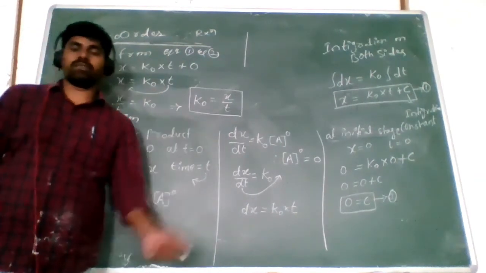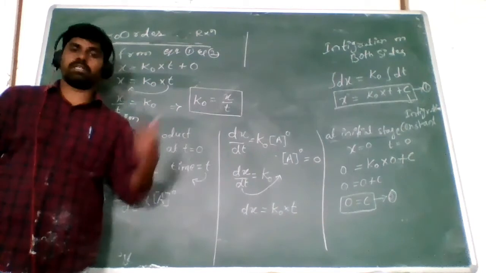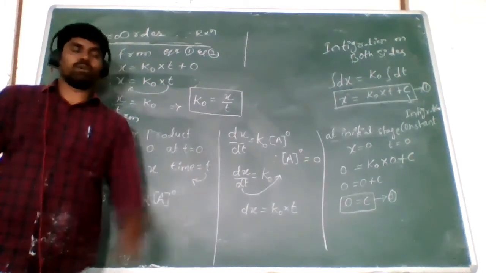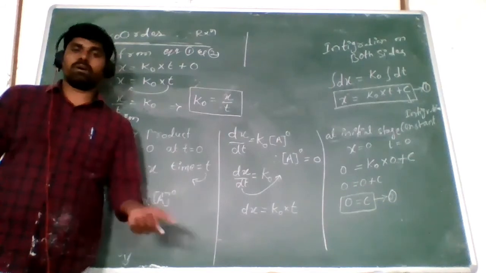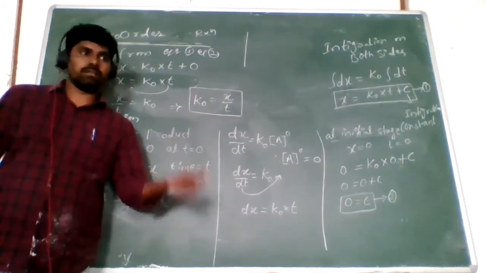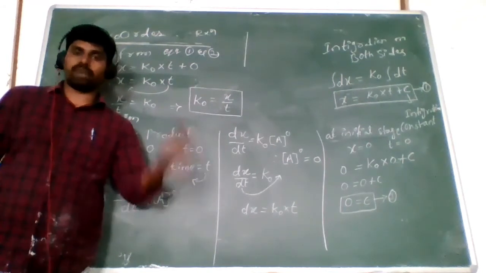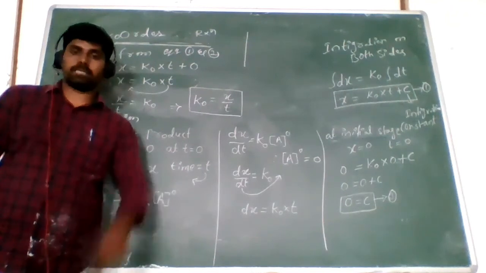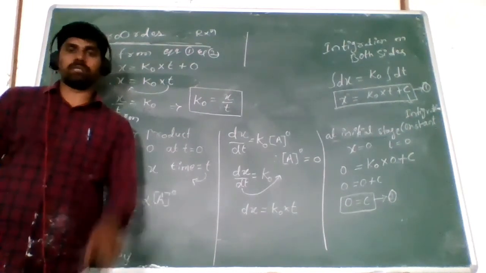That may be the first order, second order, third order, or zero order. So the order of reaction is either zero, a whole number, or a fraction. The order of reaction can be determined by the experimental method, but not by the theoretical method.